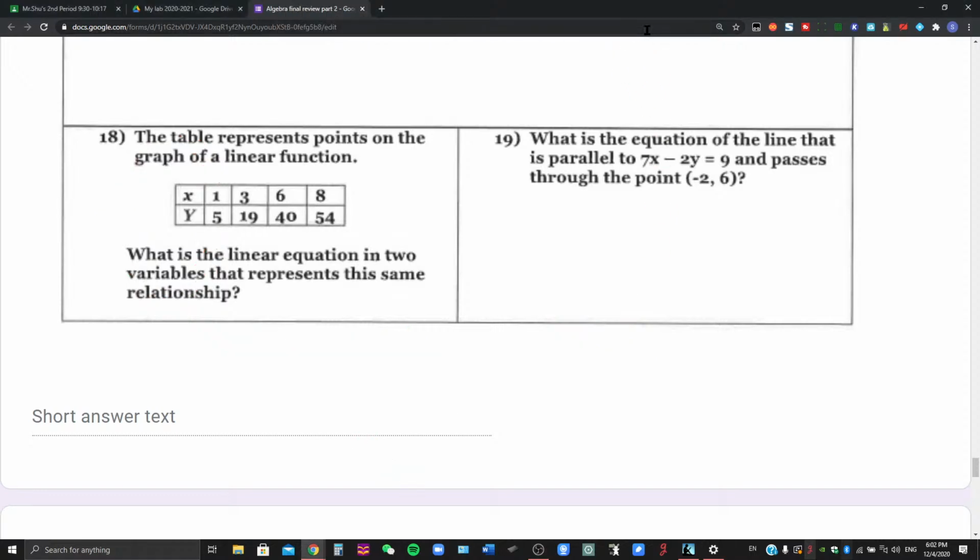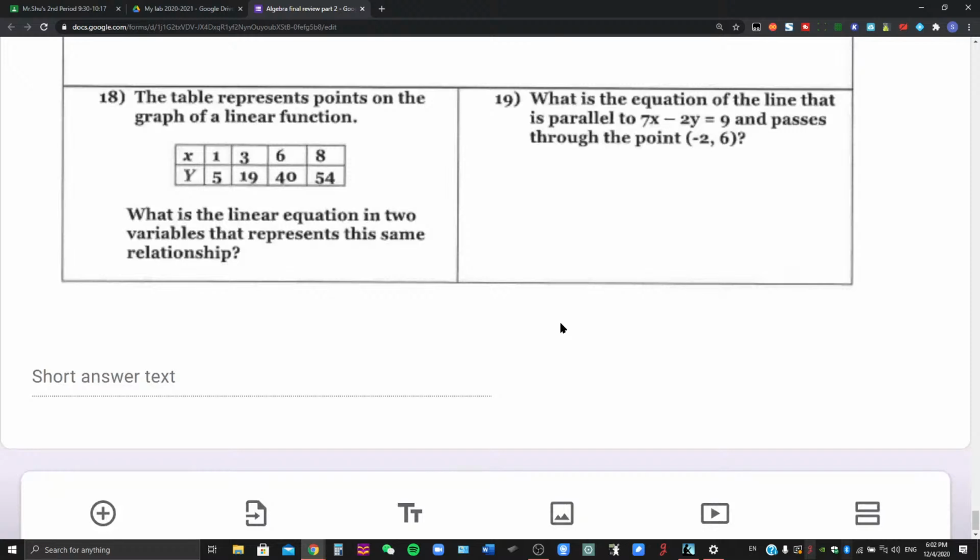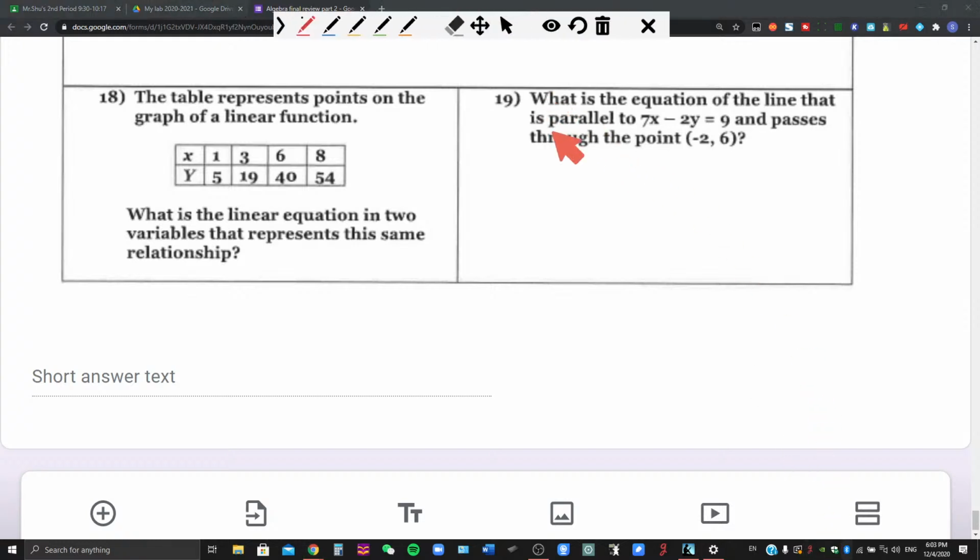All right. Question 19. What is the equation of the line that is parallel to 7x − 2y = 9 and passes through the point (−2, 6)? You have to know that parallel means that if we have a line and another line is parallel, they have the same m.